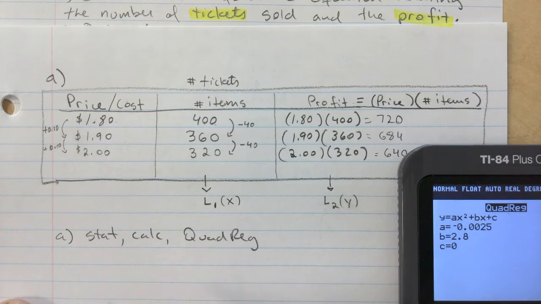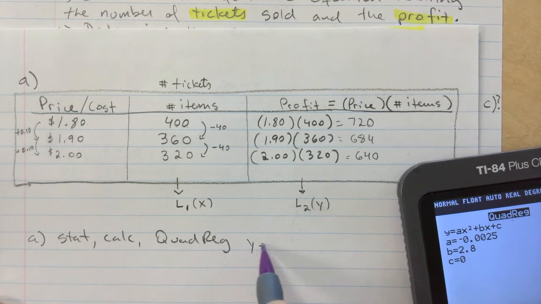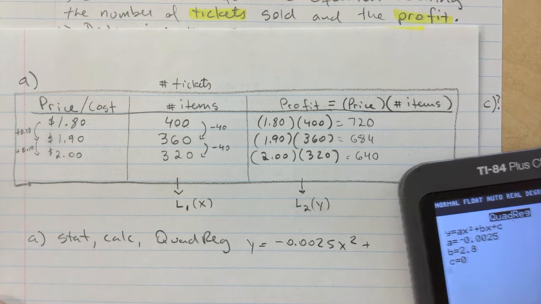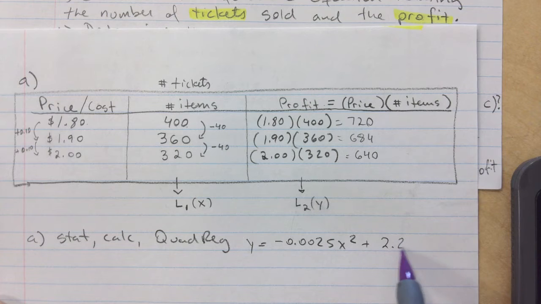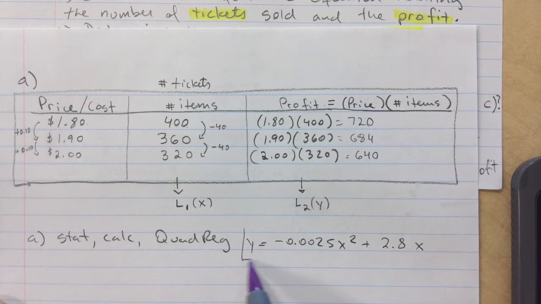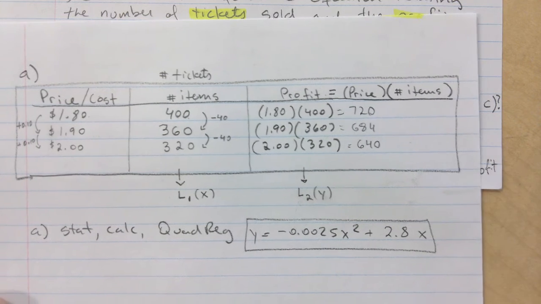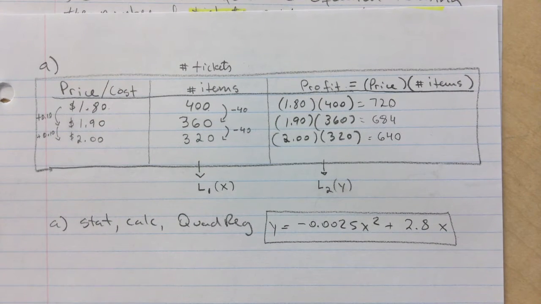So I'm going to say that the equation is y is equal to negative 0.0025x squared plus 2.8x. Done. Notice that C is 0 in this case. And the idea is, if you think about your initial profit, if you sell 0 tickets, you'll make $0, right?